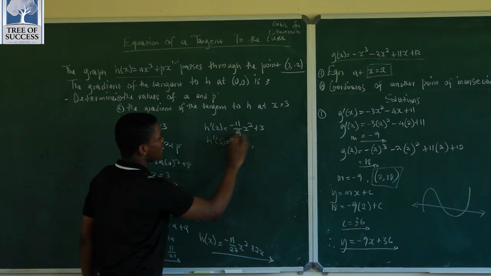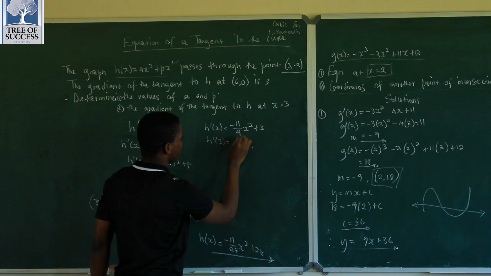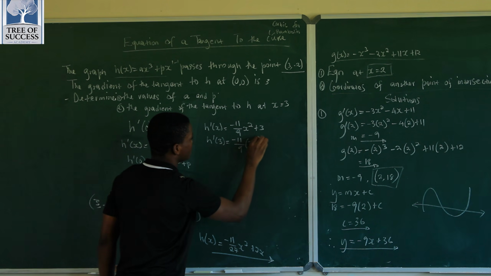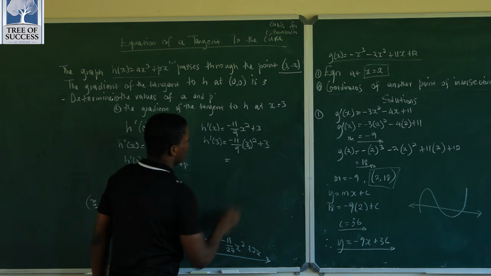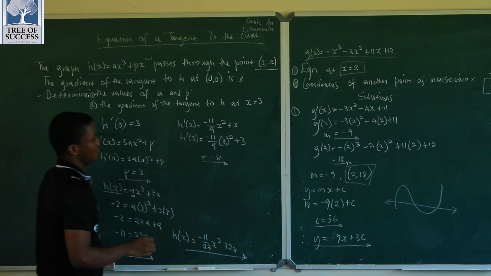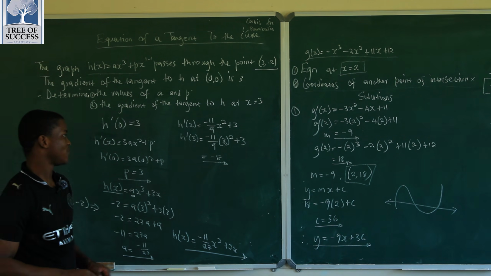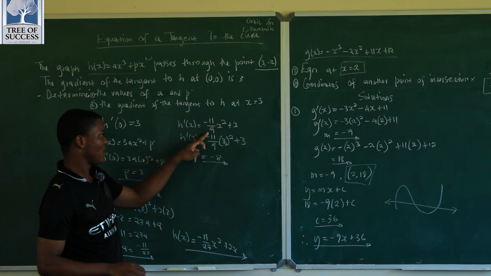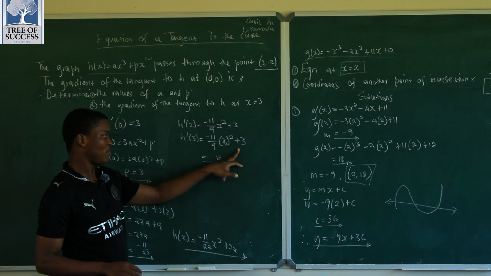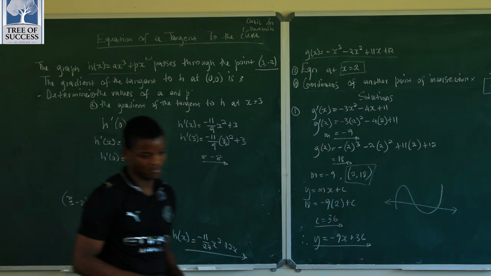Then from here, let us substitute by 3. So negative 11 over 9 times 3 squared plus 3. What is this? It's negative 8, right? Negative 11 over 9 times 9. 9 and 9 cancel, and negative 11 plus 3 is negative 8.